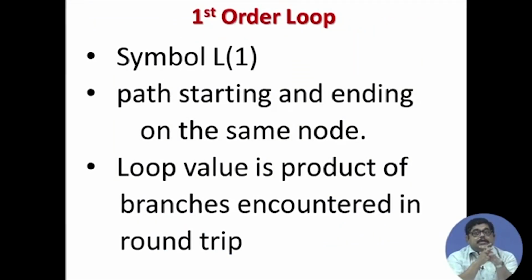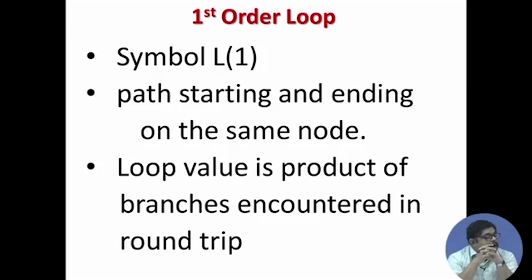Now, there are some terminologies in the signal flow graph. The first thing is called the first order loop. Its symbol is L1. Now, what is a loop? Loop means any branch or a combination of branches which start from a node, make a round trip and come back to the same node. That is, the path starts and ends on the same node.